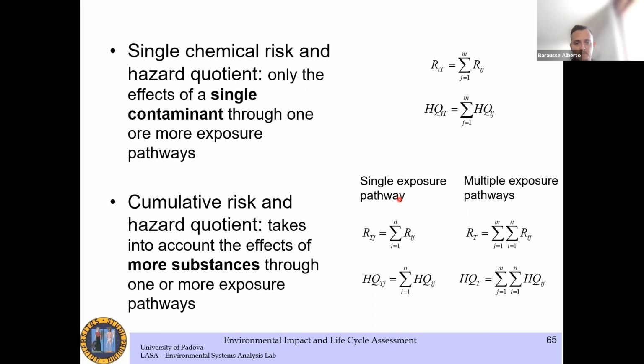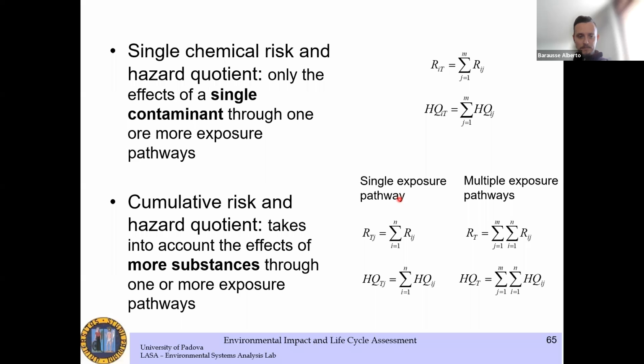Sometimes it happens that when you have a single contaminant, you can have more than one pathway through which that contaminant gets to your target.